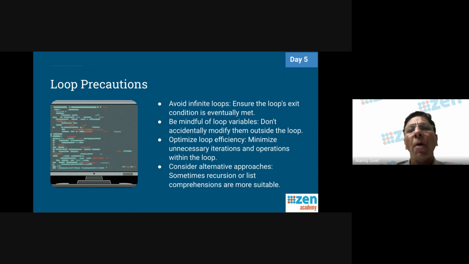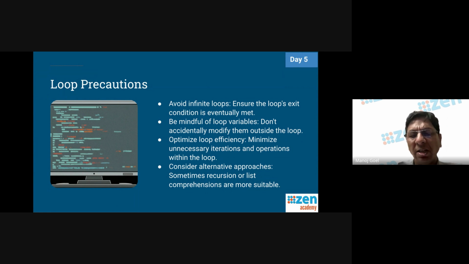Optimize loop efficiency. Minimize unnecessary iterations and operations within the loop. You must not be doing too many iterations if not required. You must be careful not to do too much deep nesting. I'll show you the nesting example in some time.